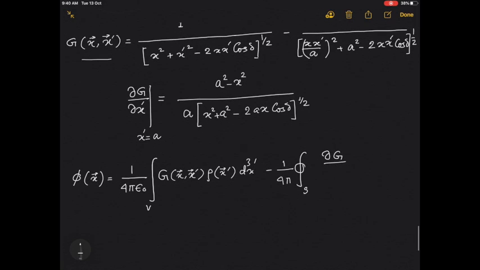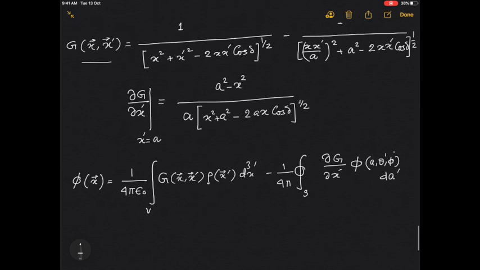The direction of x or x prime is towards the outward normal, so del g del n prime is nothing but del g del x prime. This is phi at a, theta, phi. I write it in terms of polar coordinates, keeping it at the surface, which means x equals a, r equals a.